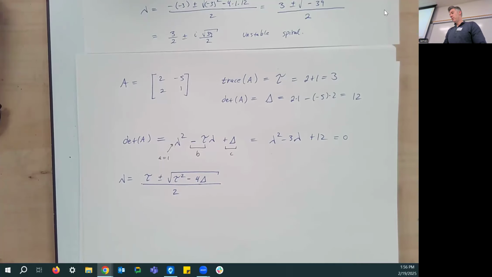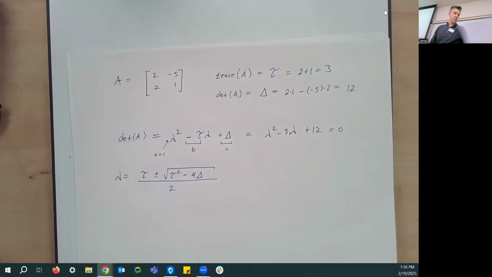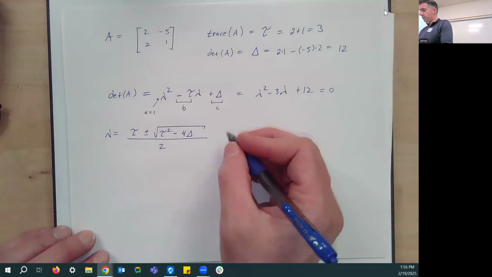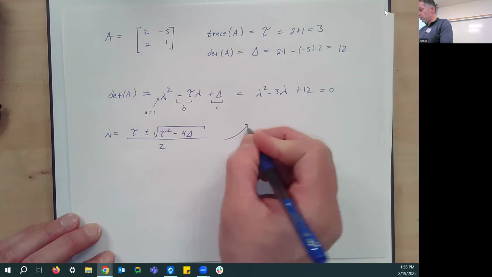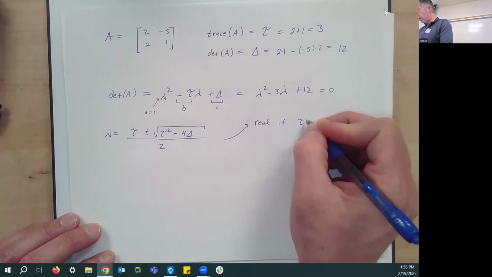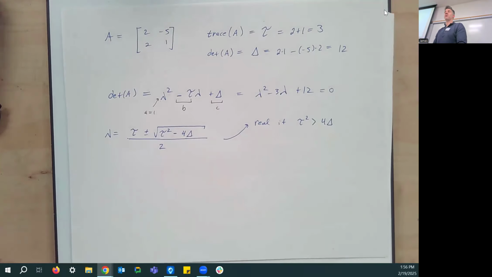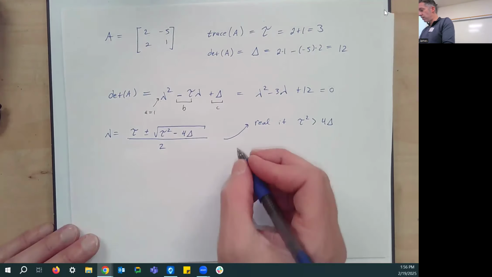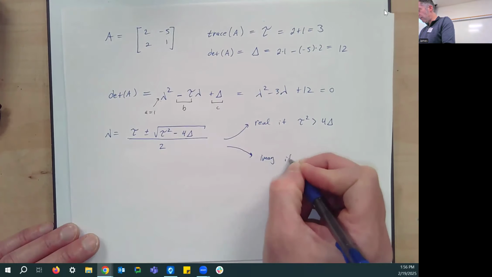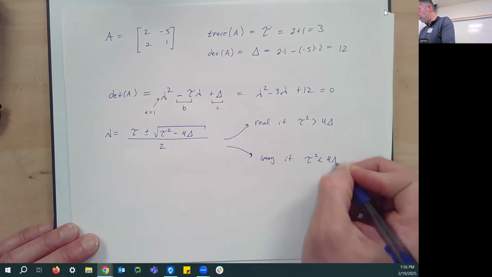There's kind of like 6 things that can happen here. This is going to be real if tau squared is bigger than 4 times delta, the determinant. This is going to be imaginary if the other thing is true: tau squared is less than 4 times the determinant.